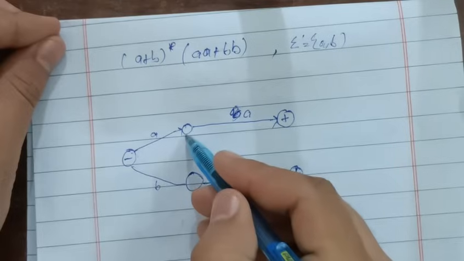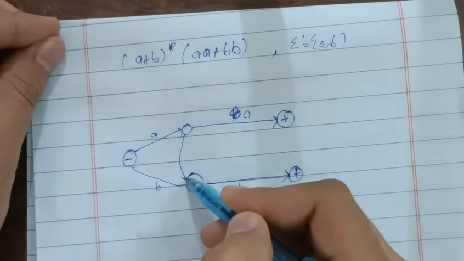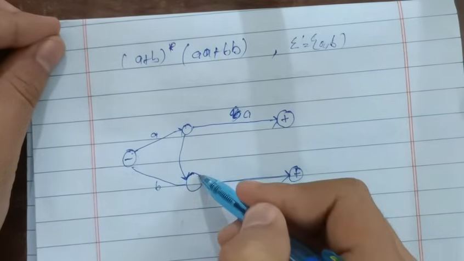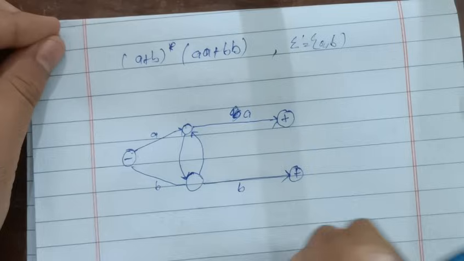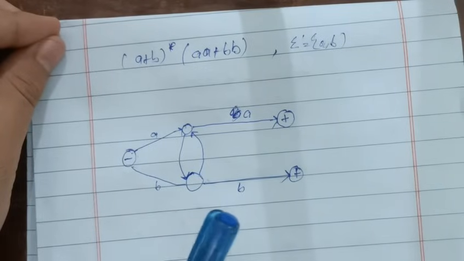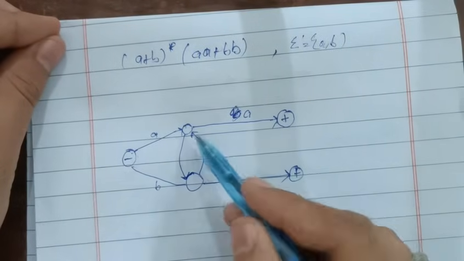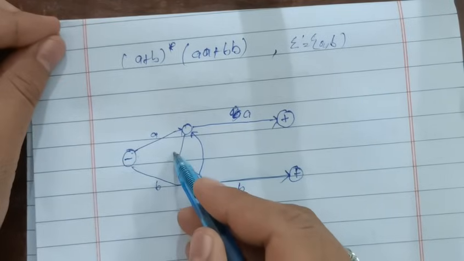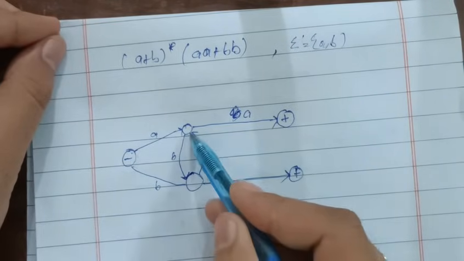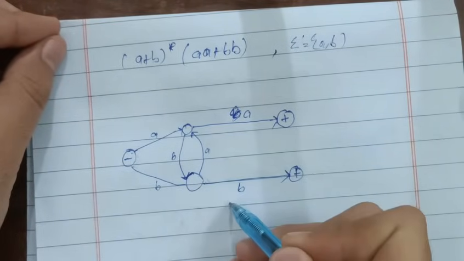If B comes over here, it will come to this state, and if A occurs over here, it will go to here. Now this transition has been completed. This is B and this is A. Two transitions occur from here, two transitions occur from here.